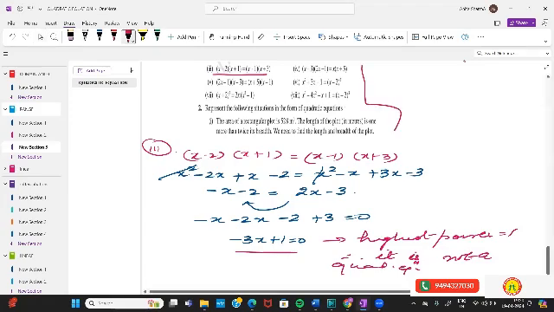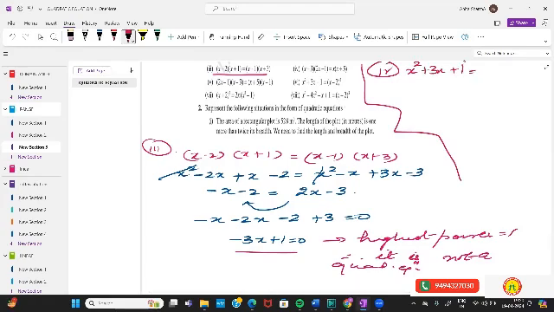Yes, ma'am. Okay, see, sorry, I have noted the wrong question. The fourth part is (x minus 3) into (2x plus 1) is equal to x into (x plus 5). So firstly, you will multiply. You will multiply 2x plus 1 by x, so it will be 2x square plus x.